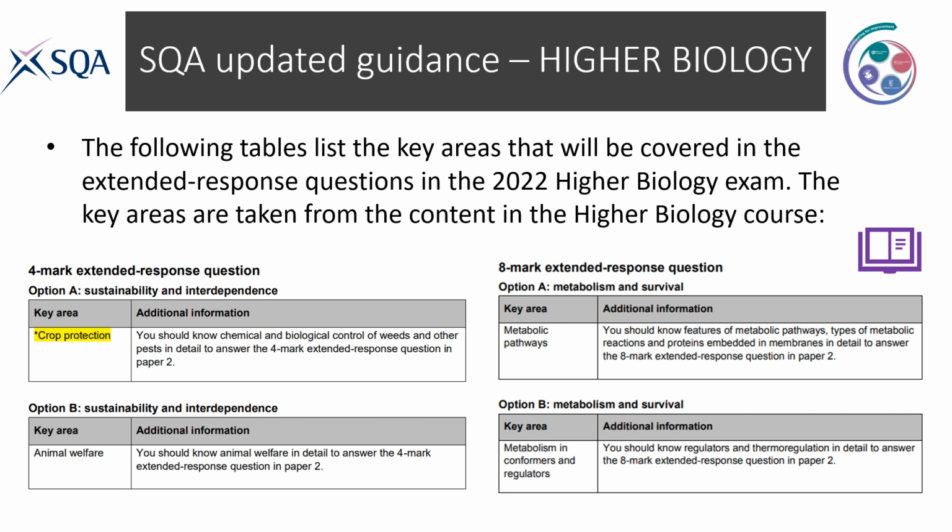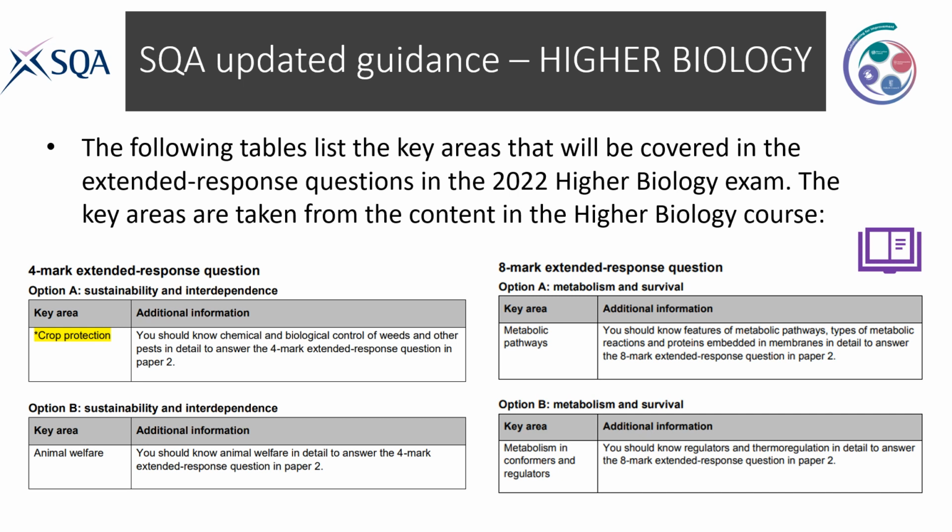The 4-mark questions state that you should know chemical and biological control of weeds and other pests in detail, or you should know animal welfare in detail. Do not worry about the yellow highlighted section. This was just a previous mistake that was corrected by the SQA on the document.